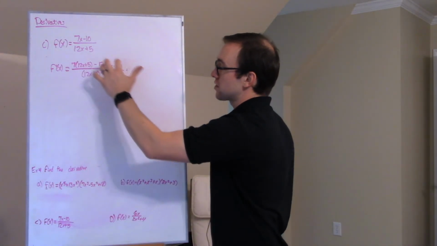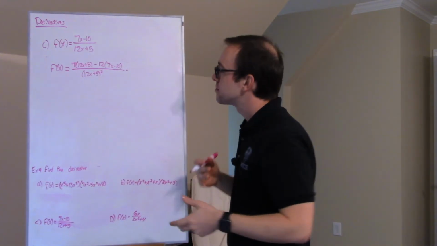So all we're going to do for these quotient rule problems is we're going to be distributing on the top and then simplifying the top.